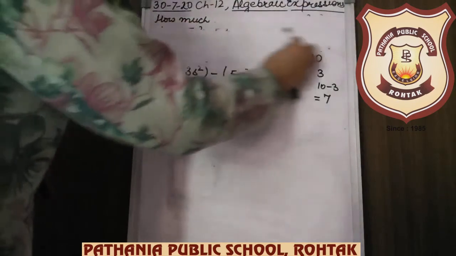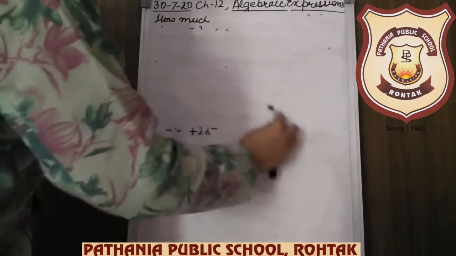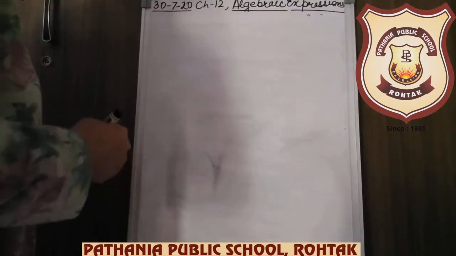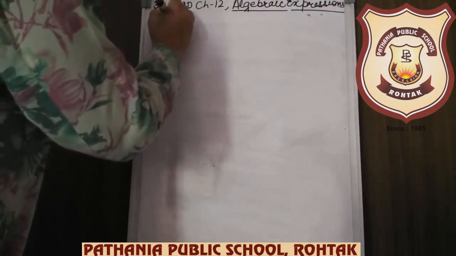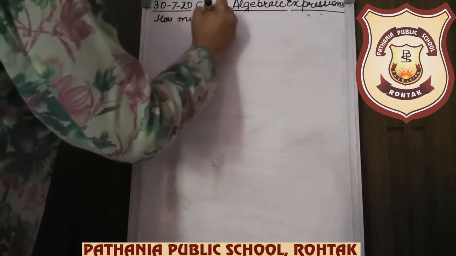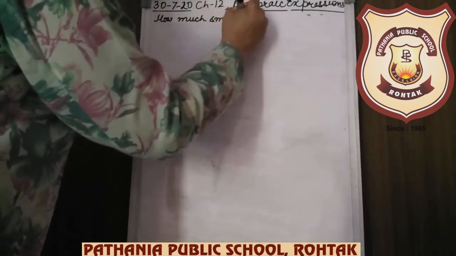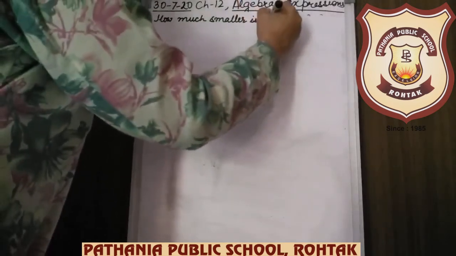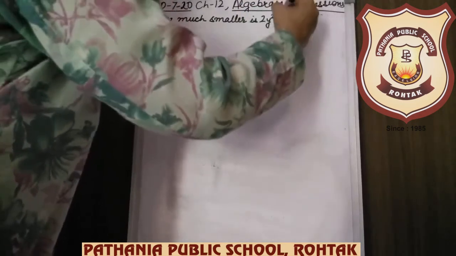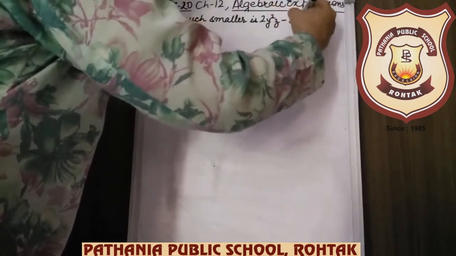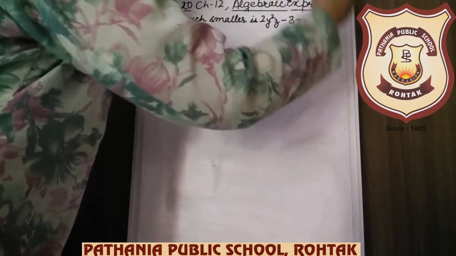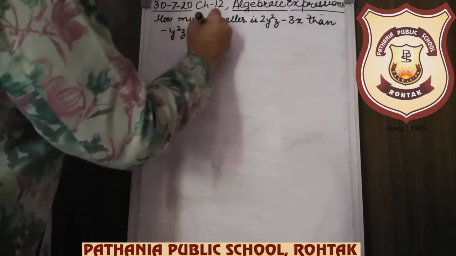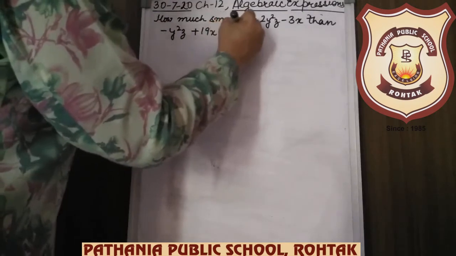Now it is how much smaller is 2y square z minus 3x than minus y square z plus 19x plus 3.